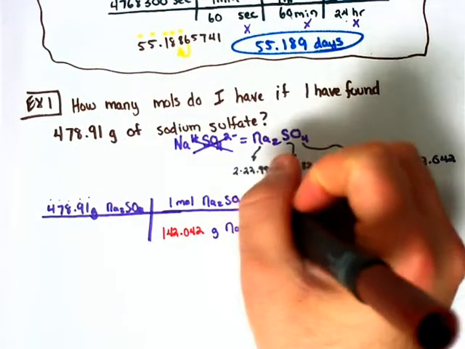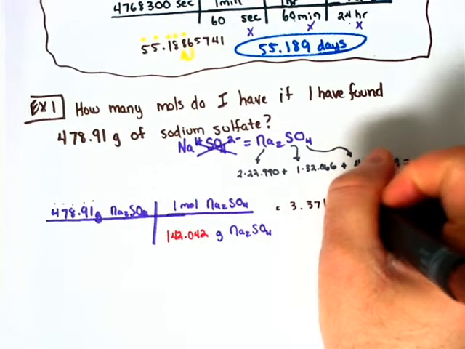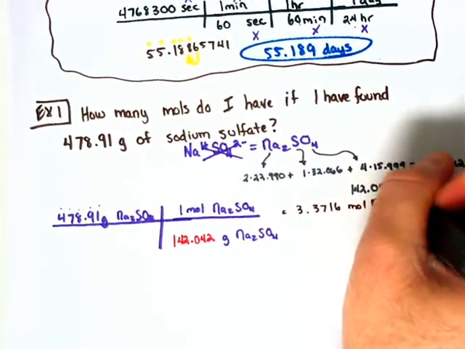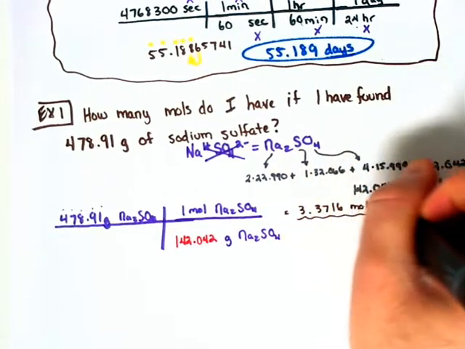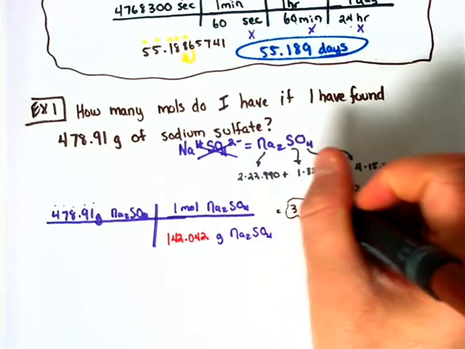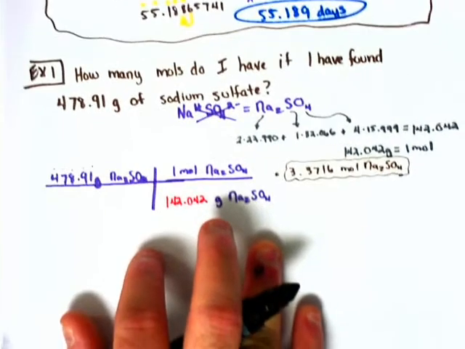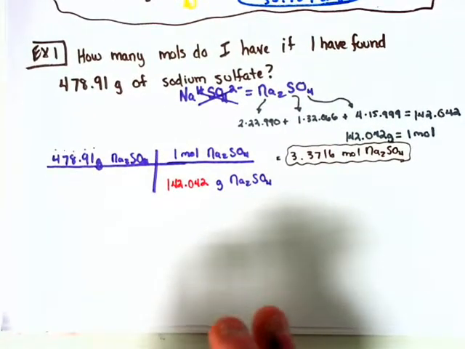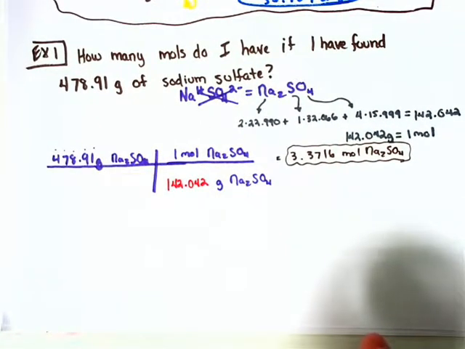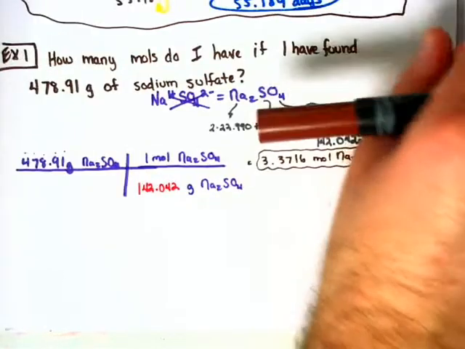Okay, so that's going to be 3.3716 moles of Na2SO4. Good? Yeah, you need to say what unit you have, which is moles, and what you have, Na2SO4. Cool? Good stuff, right? Let's look at a different question. I'm going to let you a little bit on your own this time, though. So you're going to be on your own.